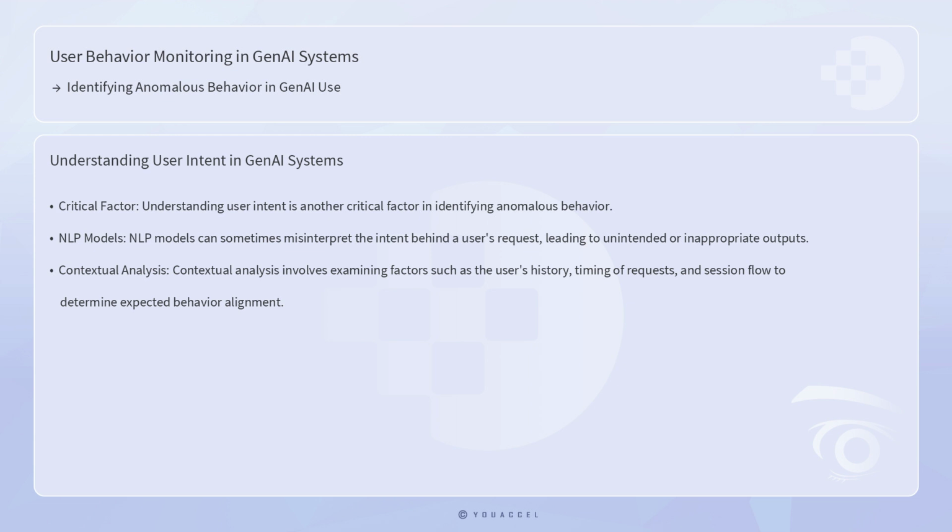Understanding user intent is another critical factor in identifying anomalous behavior. GenAI systems often rely on natural language processing to interpret and respond to user inputs. However, NLP models can sometimes misinterpret the intent behind a user's request, leading to unintended or inappropriate outputs.